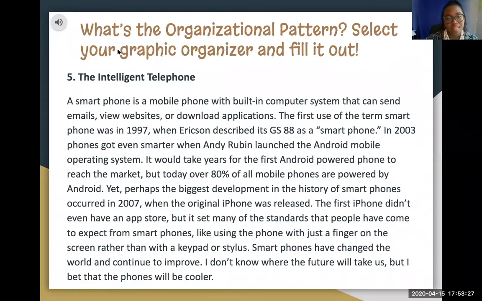Number 5 is about that intelligent phone, y'all. This is the beginning of smartphones. I know that your phones are much smarter now. Here we go. We've got 30 seconds.